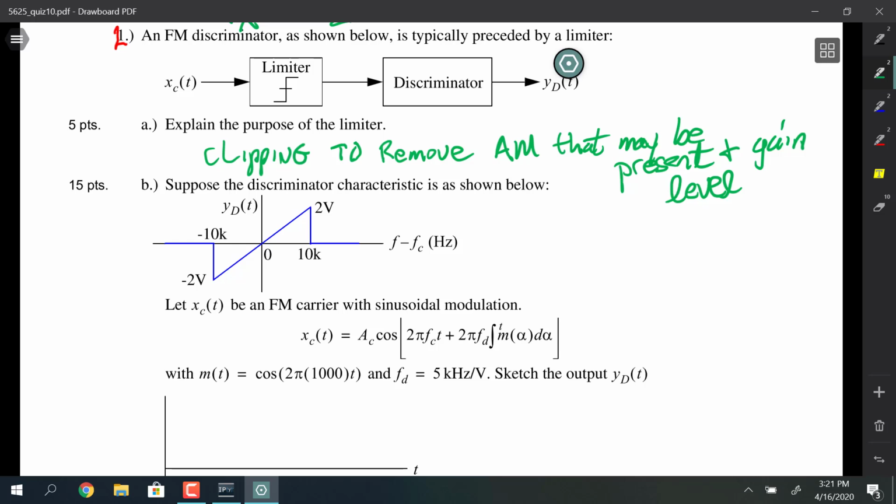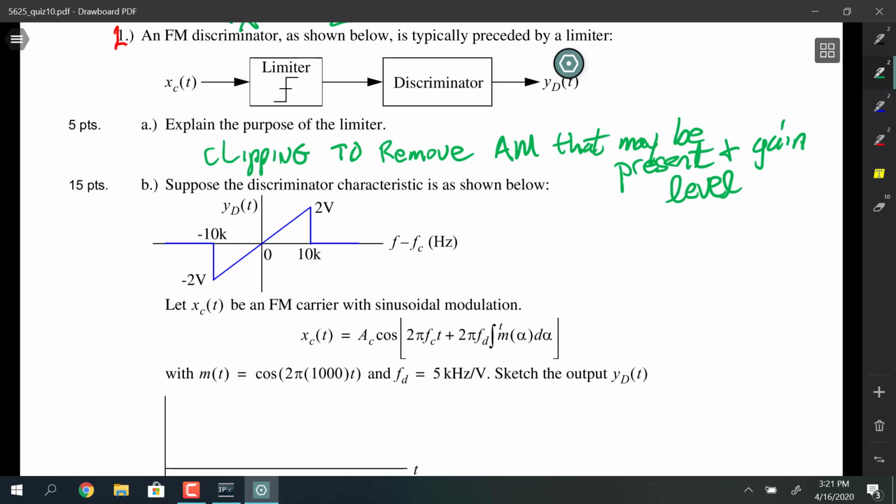But the bottom line is the discriminator, just like you were learning about in the second homework problem that you're turning in, converts a frequency deviation into a voltage. So in this case, this idealized discriminator is going to output 2 volts when you deviate 10 kilohertz above the carrier, and minus 2 volts when you deviate below, and it's linear all the way through. So that's our discriminator characteristic.